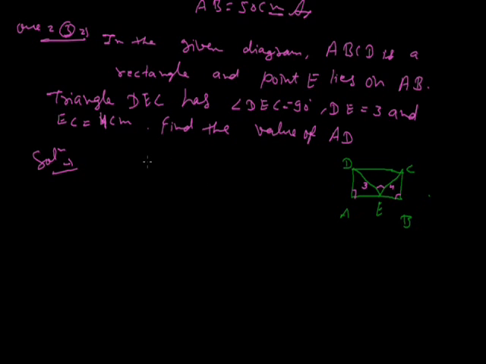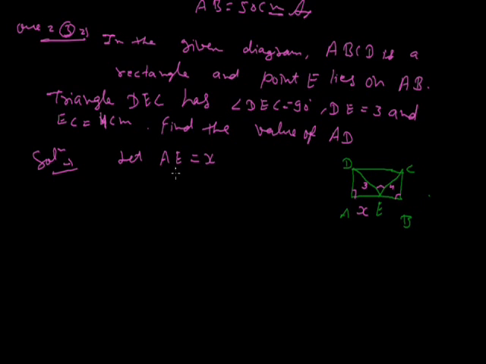Now we are going to start the question. We will start this question as: let the value of A be equal to X. Similarly, the value of EB is 5 minus X because AB is equal to 5 centimeters.